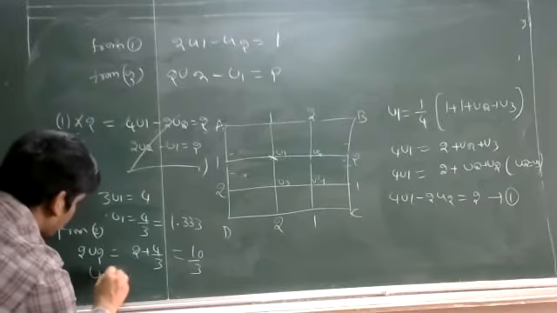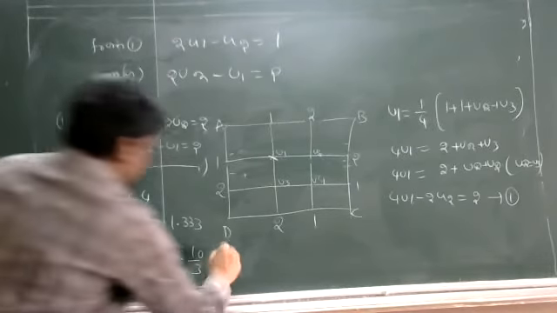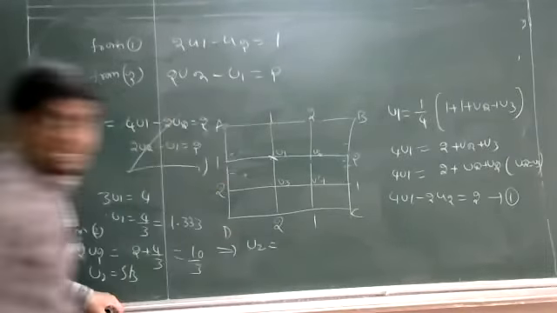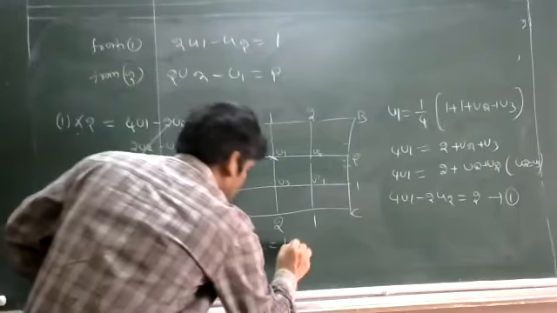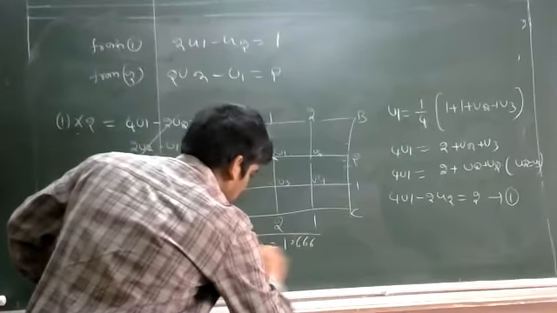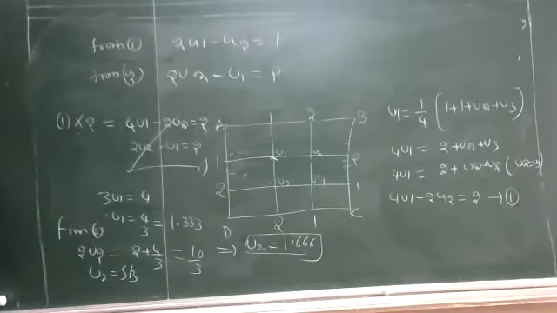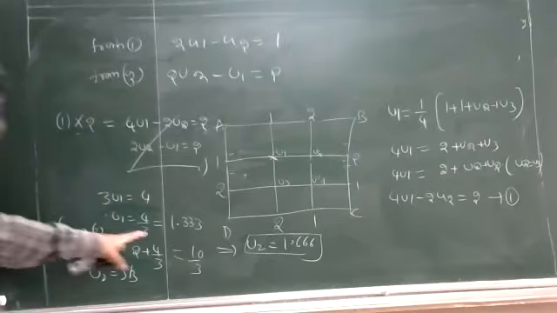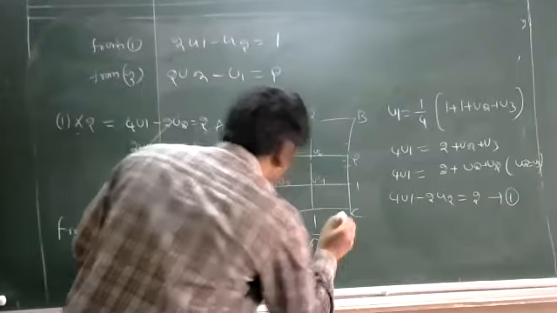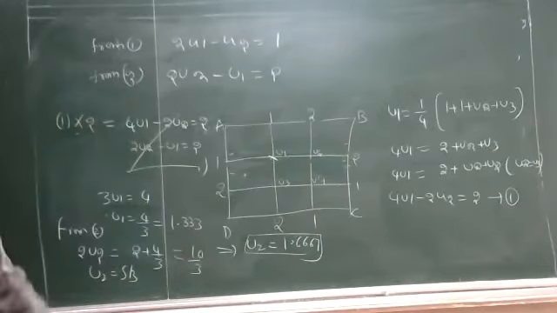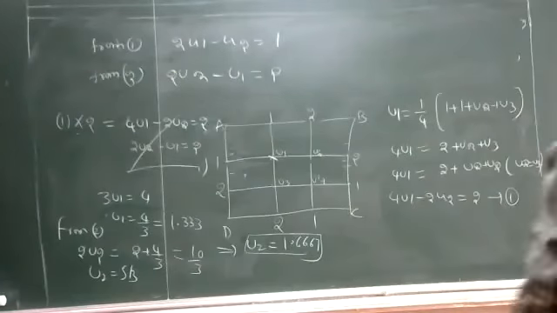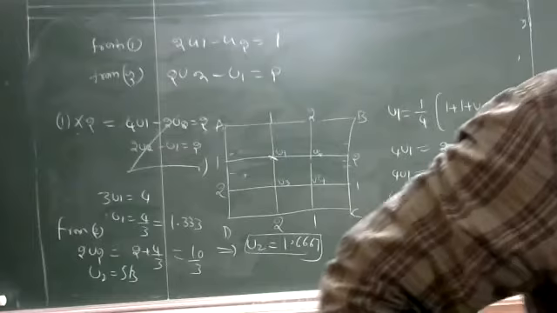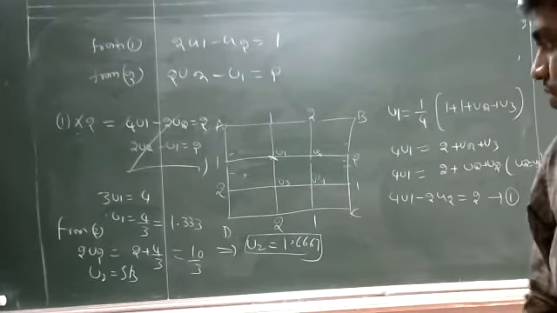So u2 is equal to 5 by 3, which is 1.667. So note down the values, that is important here.